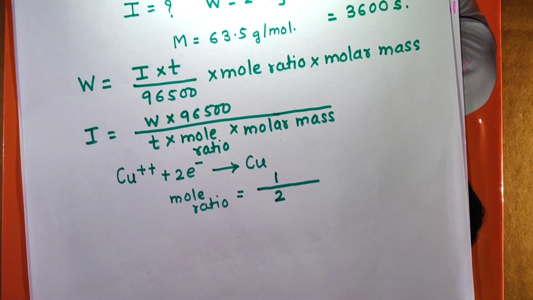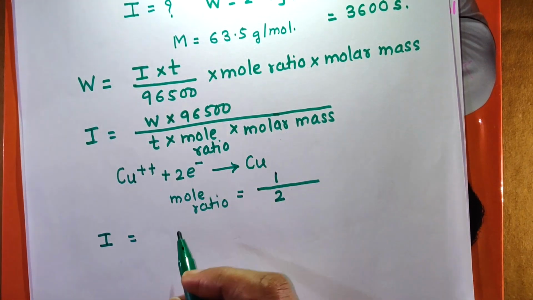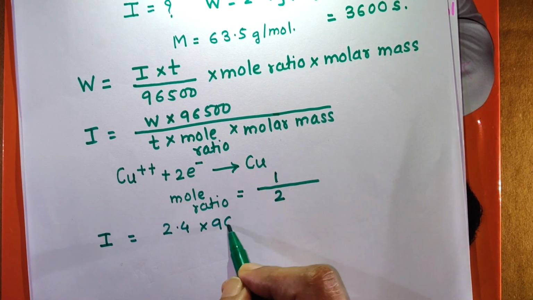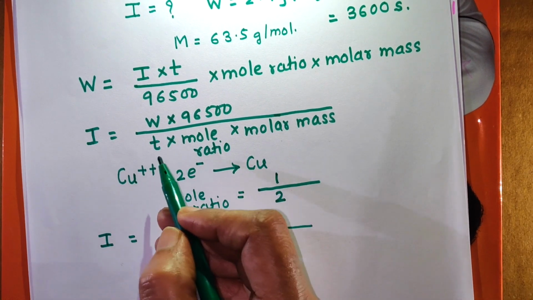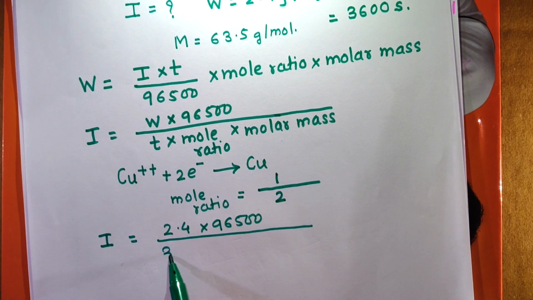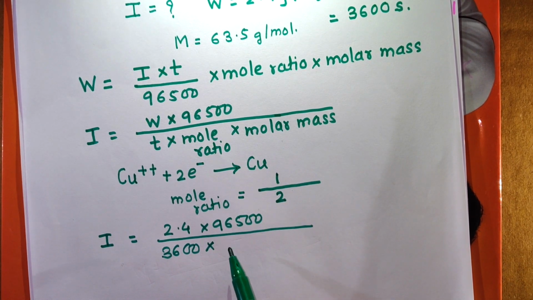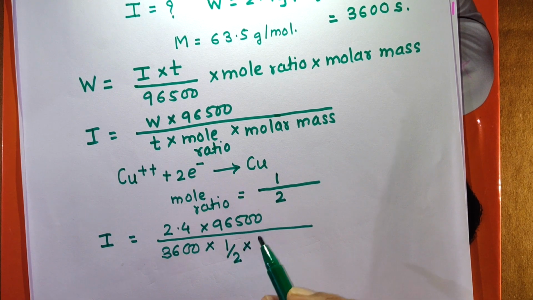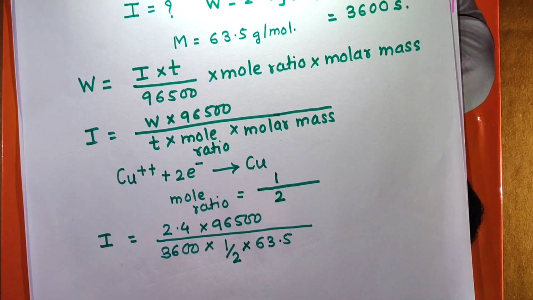So see here, we will substitute the values. I is equal to W, which is 2.4, into 96500 divided by T, which is 3600, into mole ratio, which is 1/2, into molar mass, that is 63.5.